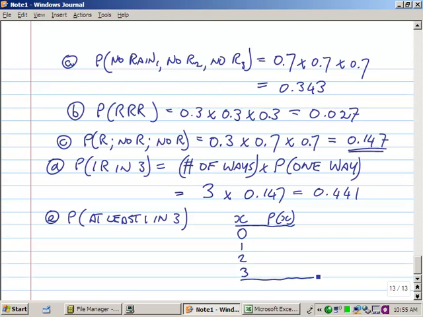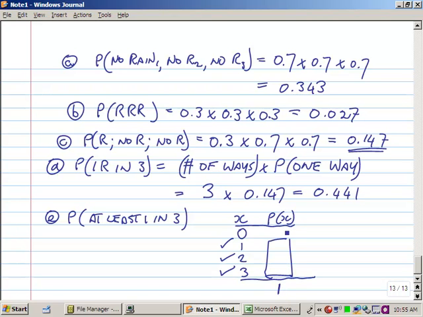And we have some of these probabilities, but not all of them. At least 1 in the 3 means we could either have 1 day, or 2 days, or 3 days of rain. So what we want is the probability of 1 day, 2 days, and then 3 days with rain, and add those probabilities together. We know that the total probability for this distribution is 1.